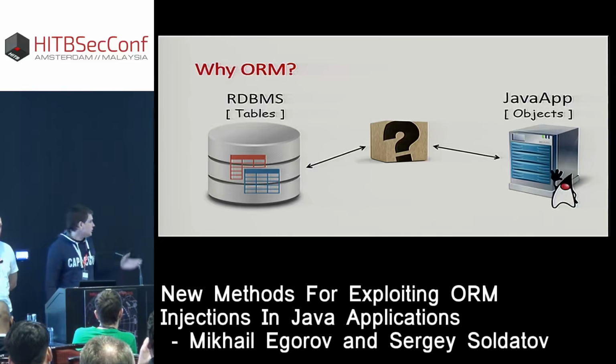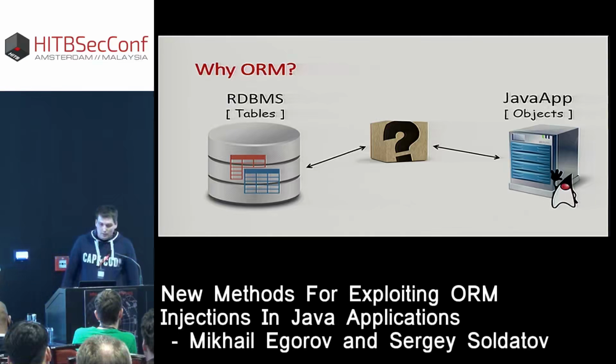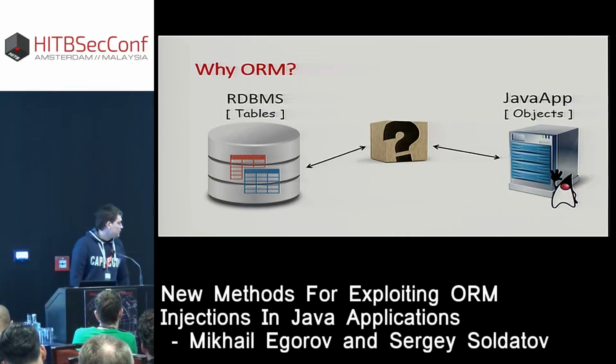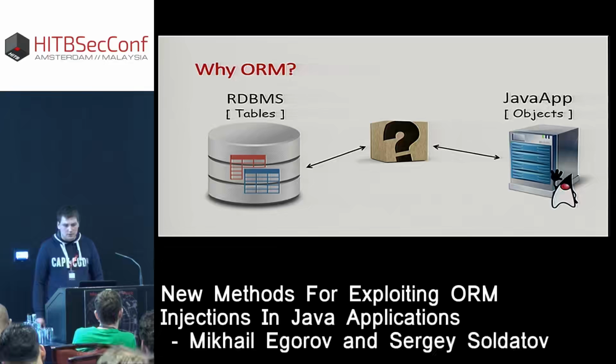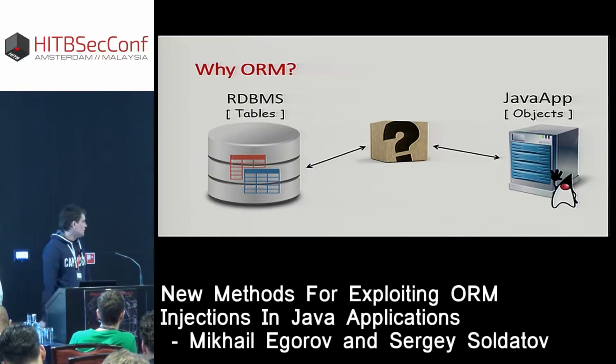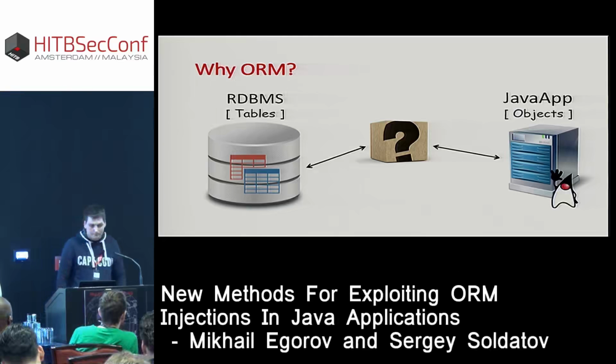On this picture, you can see ORM is the question box in the middle between the database management system and the Java application. ORM communicates with the database management system, fetches data from tables, and automatically converts this data into Java objects.